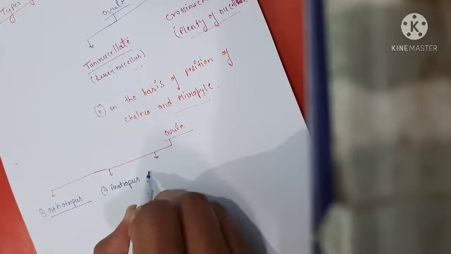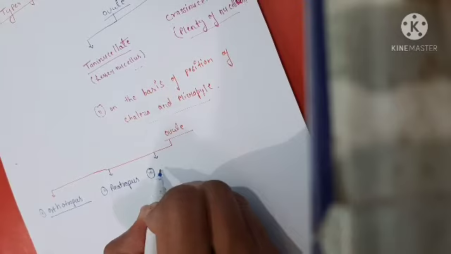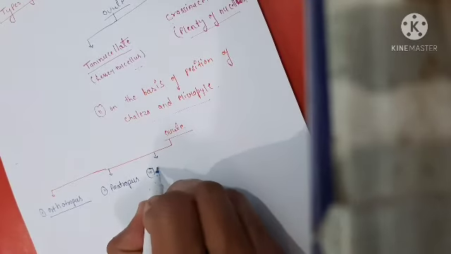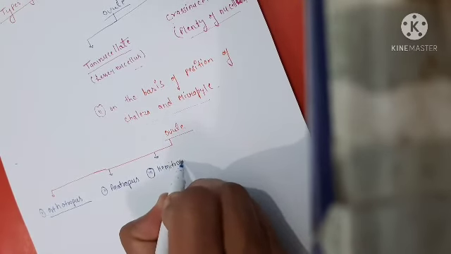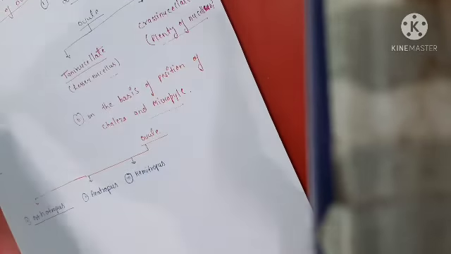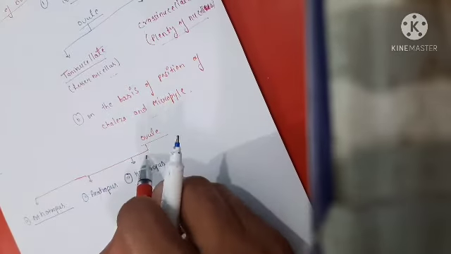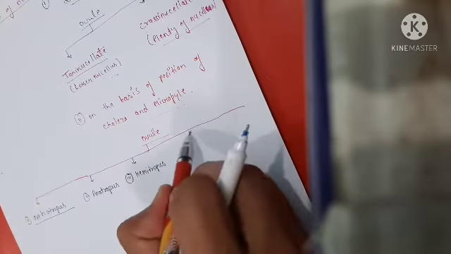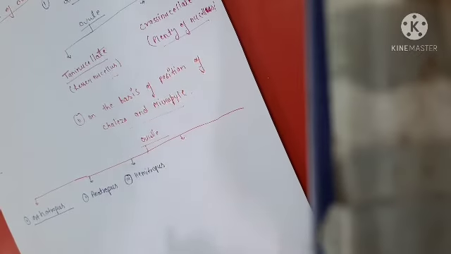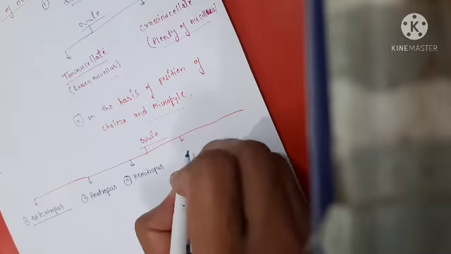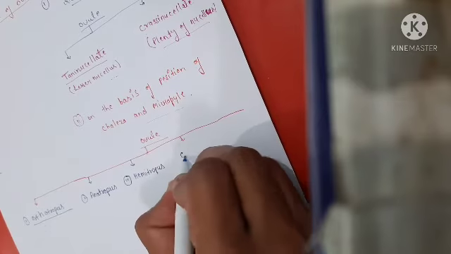Third one is hemitropous. Fourth one is campylotropous.